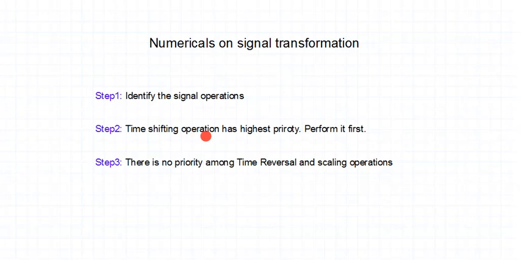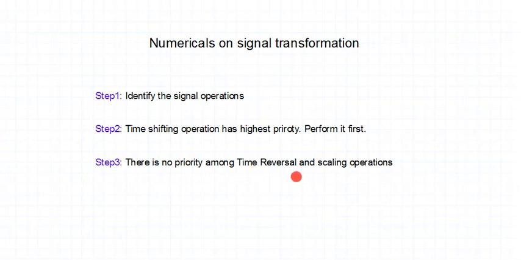If time shifting is present, it has to be performed first, right? After which, if there is time reversal or scaling or both, then we can perform either of them. There is no priority between time reversal and scaling operations.